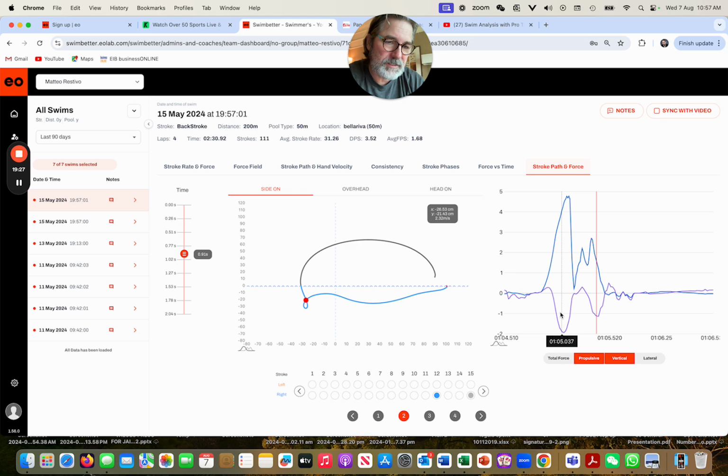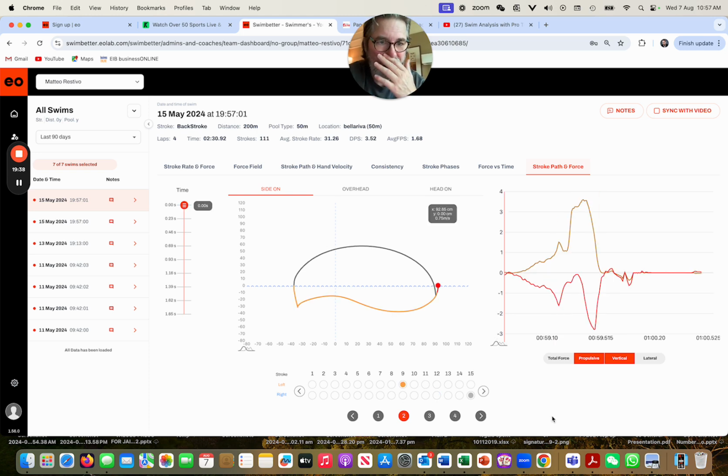So this is the one that I'm a bit concerned about, as to why we're generating downward force early on in the stroke. Whilst we're here, we'll have a quick squeeze. We'll see if we can find a left, right? And you can see here, this is a fair chunk of downward force at the front end that we're getting, which, like I said, is probably to do with this depth profile.